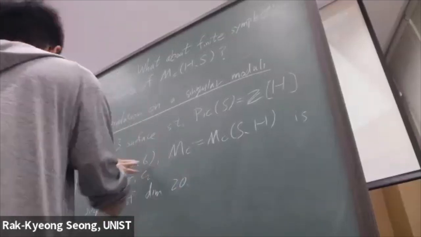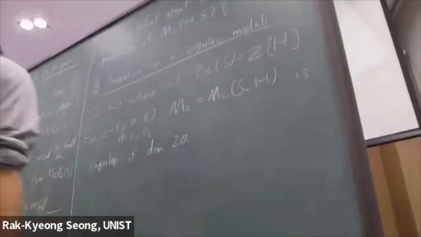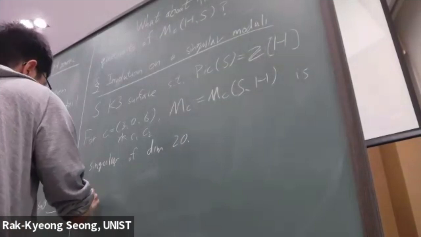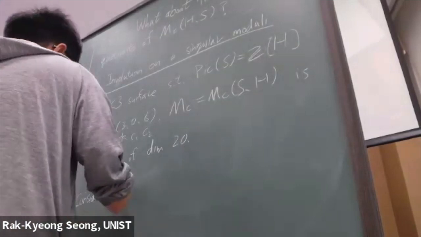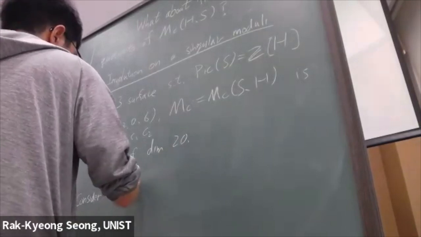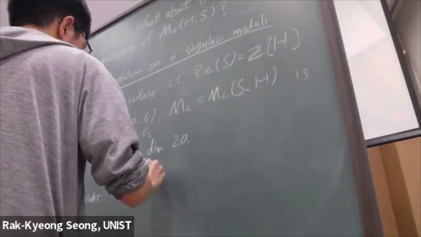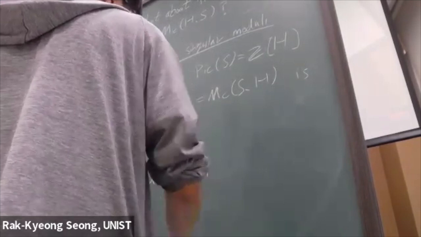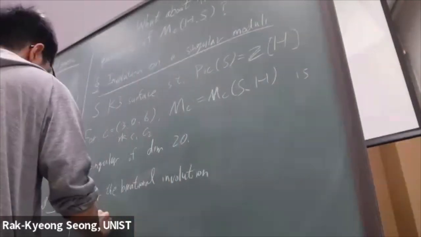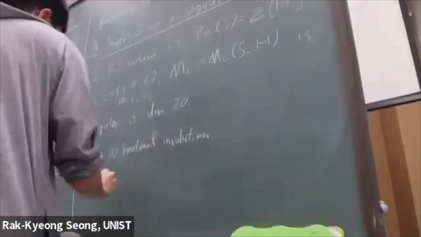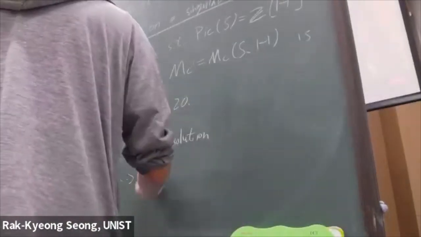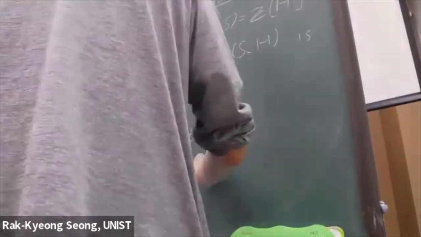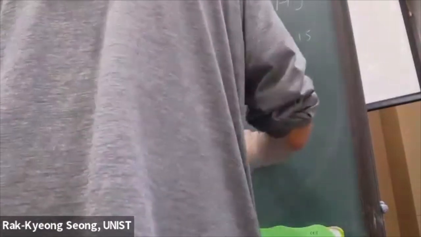The dimension can be computed from this numerical data, and we also consider the following birational involution I from M_C to M_C defined by taking the dual of the sheaf.